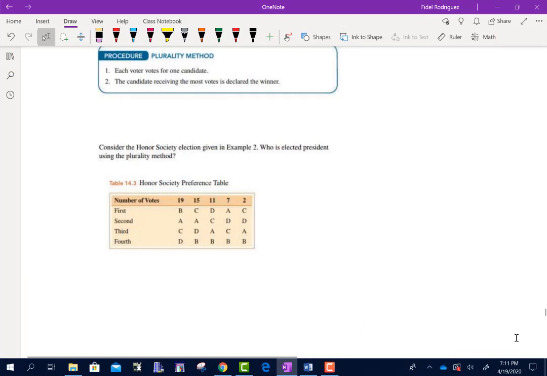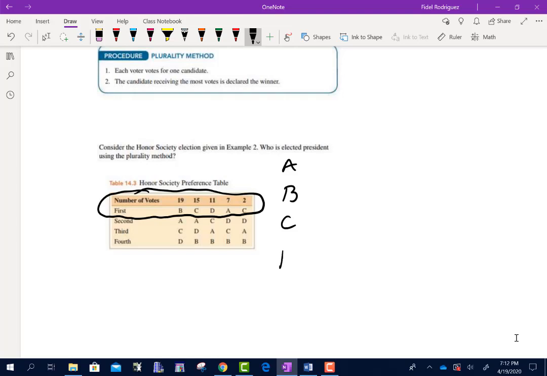Okay, so when we're doing our tally here, guys, what we're really doing is just counting the number of first place votes. Remember, we have each of the candidates: Anton, Betty, Camille, and Don. I'm going to count how many first place votes each of these individuals received.